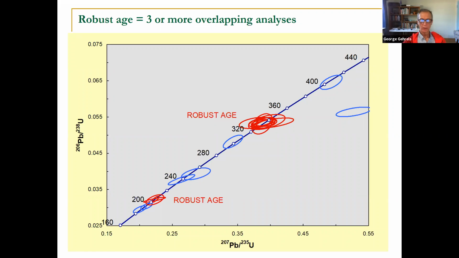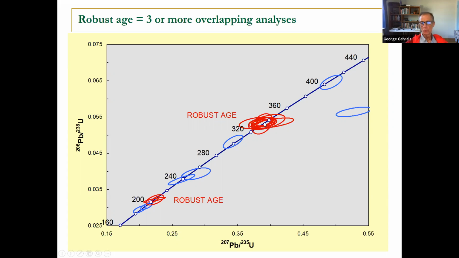And so I've just shown on here some various analyses, blues and reds. We'll talk about that. And you can see these are younger zircon crystals, so they're Phanerozoic here. And let's just talk about how confident we would be about reaching some interpretations about these ages. So what about this? You have 1, 2, 3, 4, 5, 6, 8 analyses that all lie on top of Concordia at about, what, 350.